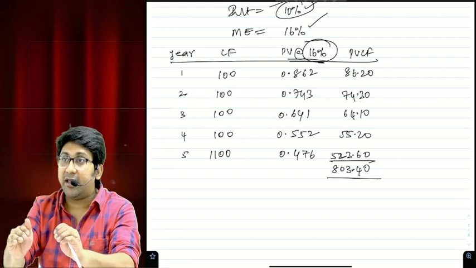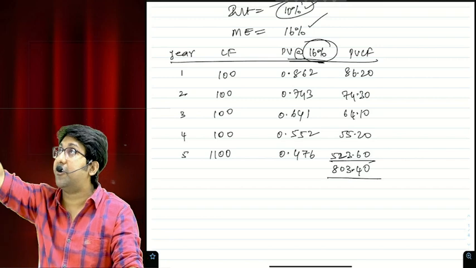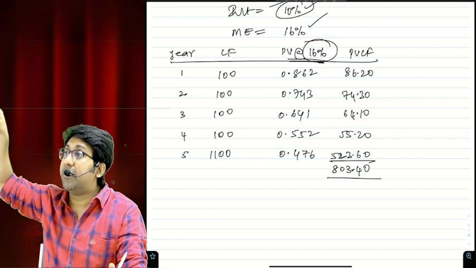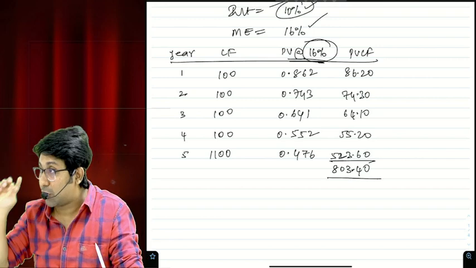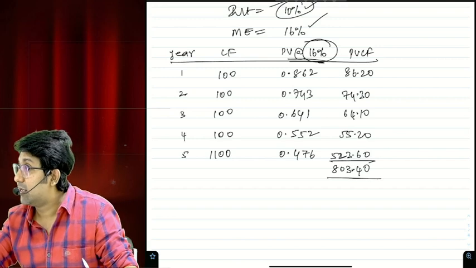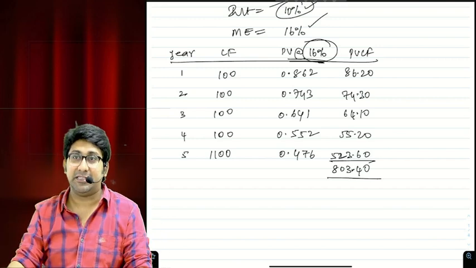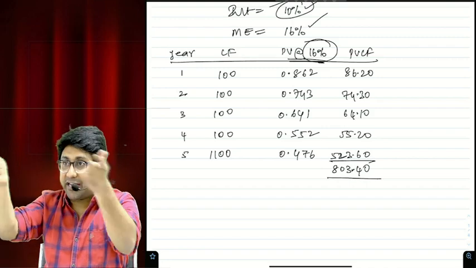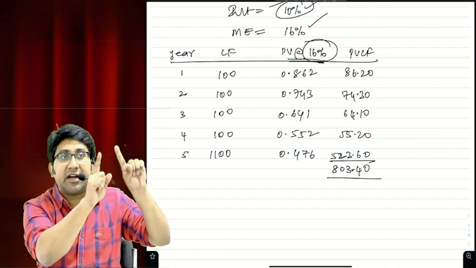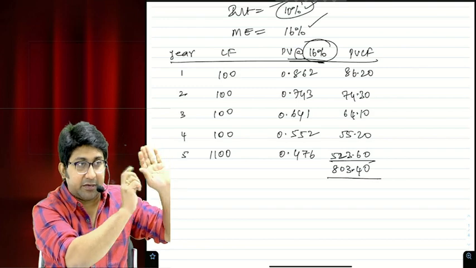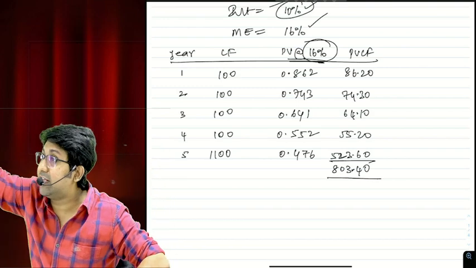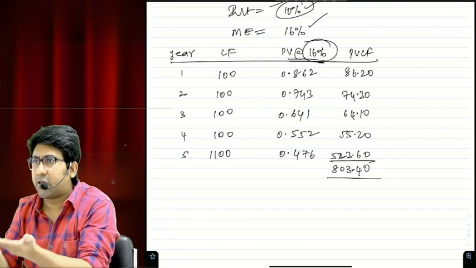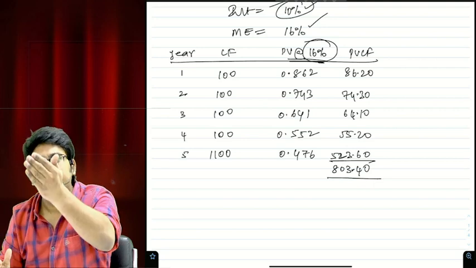Assume that the market has really valued it at 803.4. That means you will not purchase at 1000, you will purchase at 803.4, because market prices go up and down on the basis of the returns you get. How much return is the company giving? 10%. But the ongoing market rate is higher, so why should I pay 1000? I will pay less than 1000.